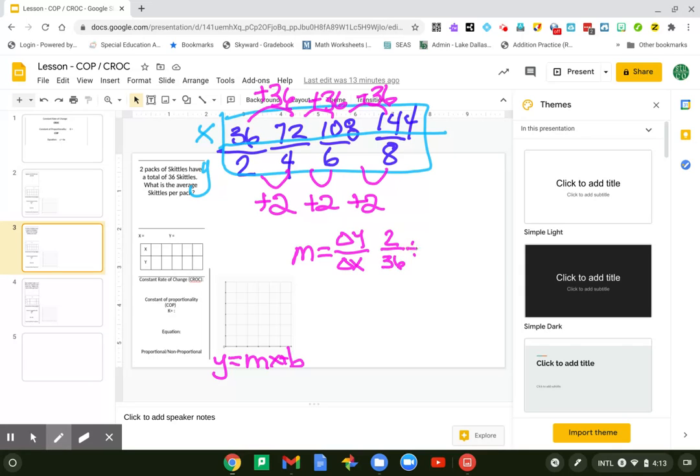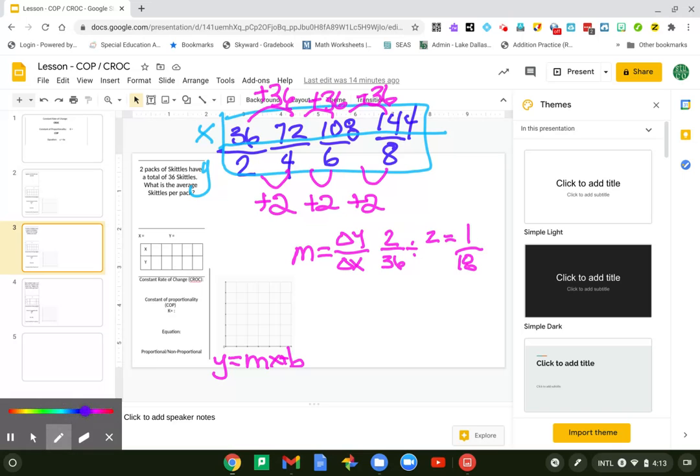I can simplify that, and that becomes 1/18. So for every 1, I'm gonna have 18 Skittles. For every 2, I'm gonna have 36. For every 4 bags, I'm gonna have 72, and so on and so on.